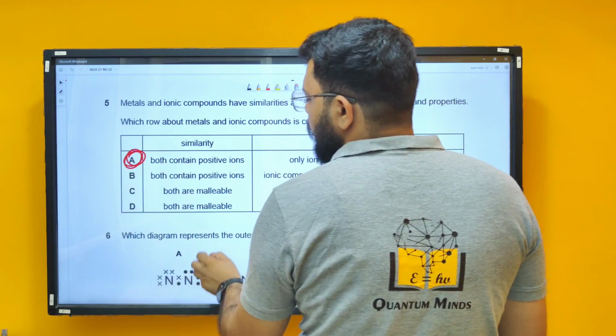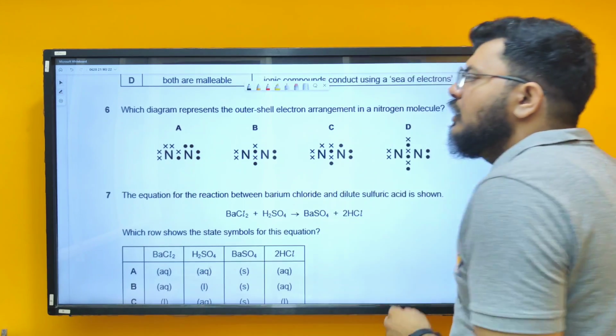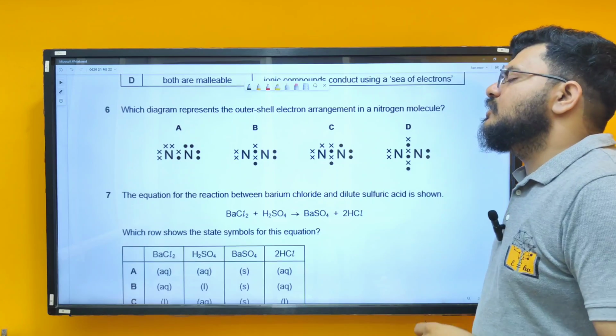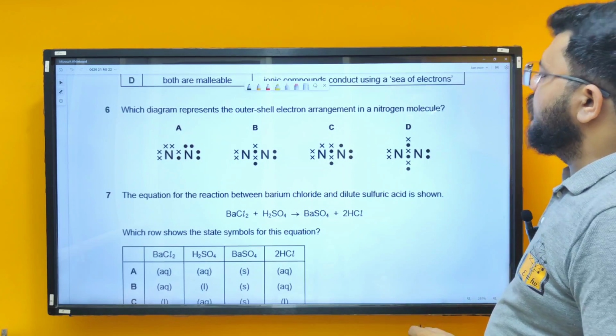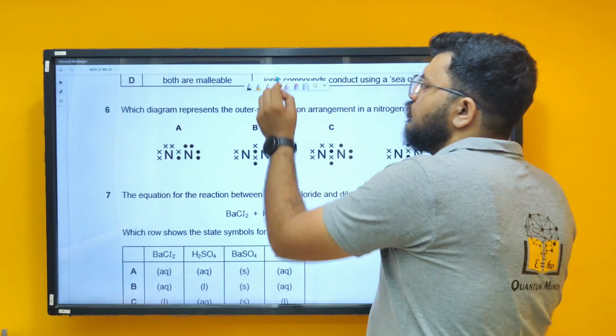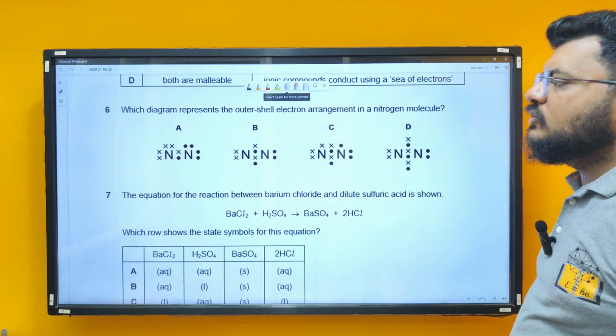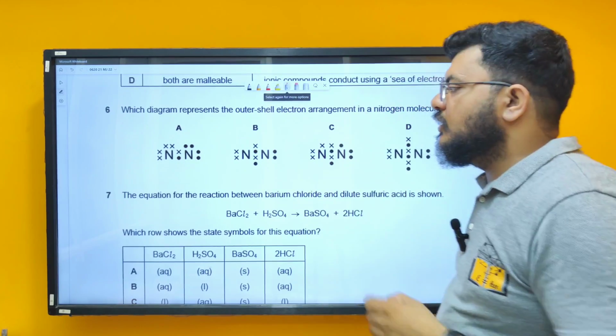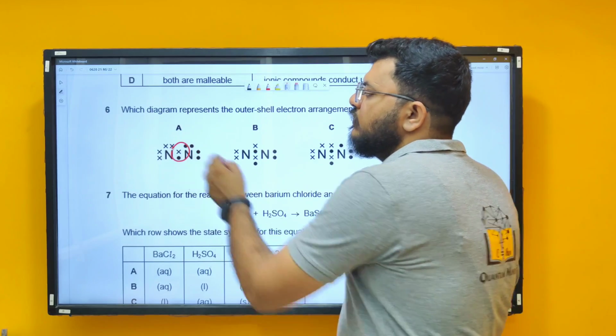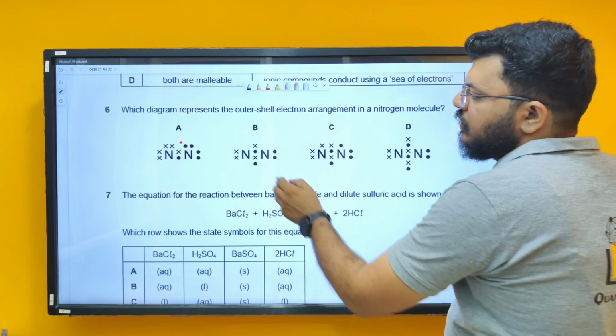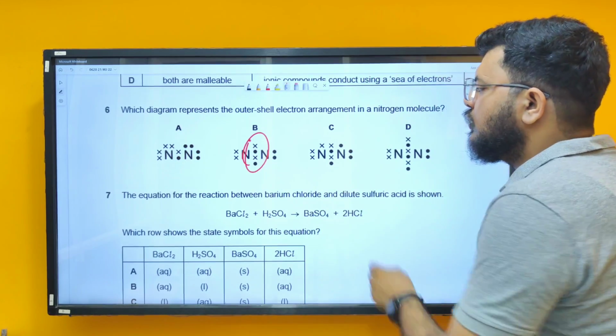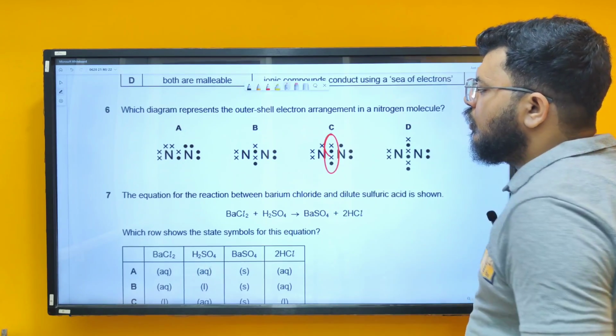Let's go for question number 6. It says which diagram represents the outer shell electron arrangement in a nitrogen molecule? Nitrogen has a triple bond with the other nitrogen. Here you have a single bond, so that's not correct. Double bond, not correct. Double bond, not correct.